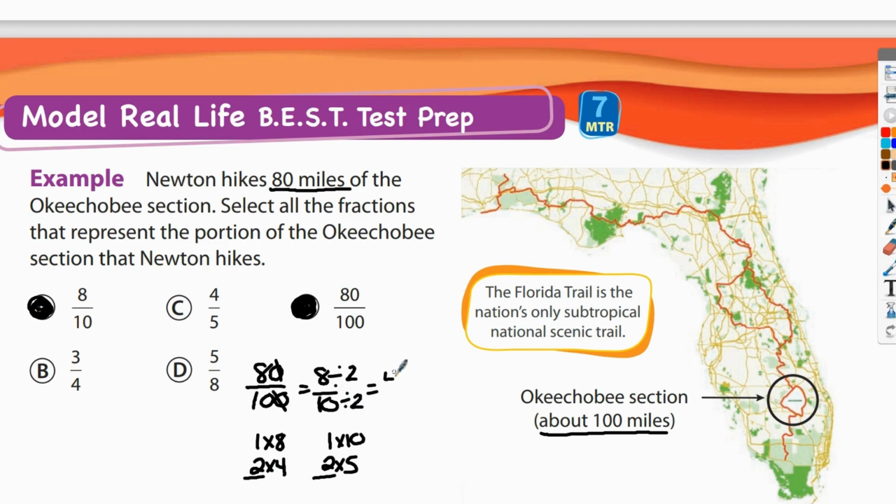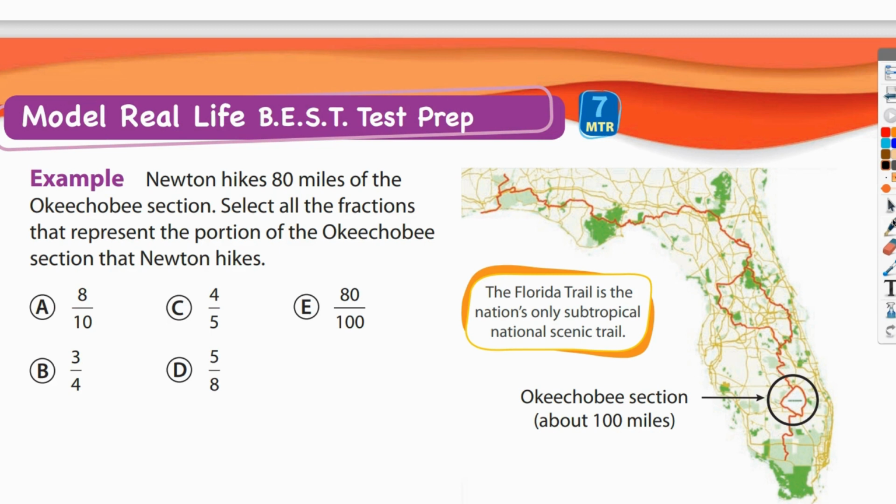That's going to give me 4/5. So 4/5 will be my next option. So what fractions are equivalent? 80 over 100 is equivalent to 8 tenths, which is also equivalent to 4/5. A, B, and C are all equivalent to the original fraction, which is 80 over 100.